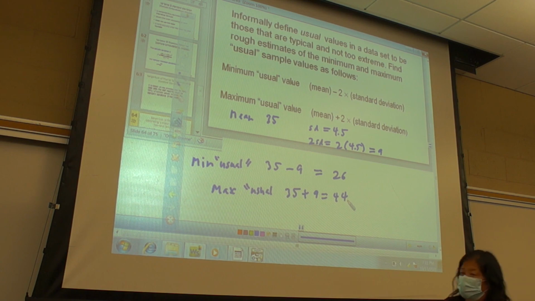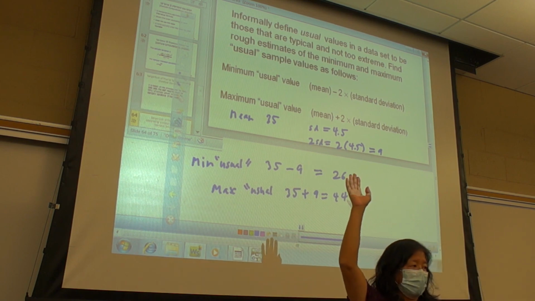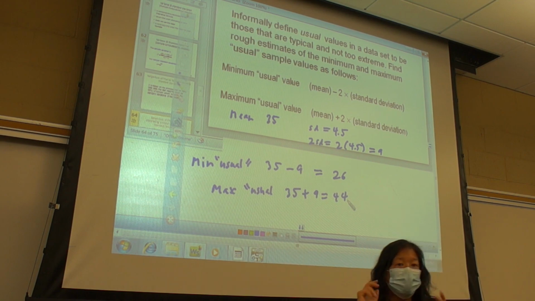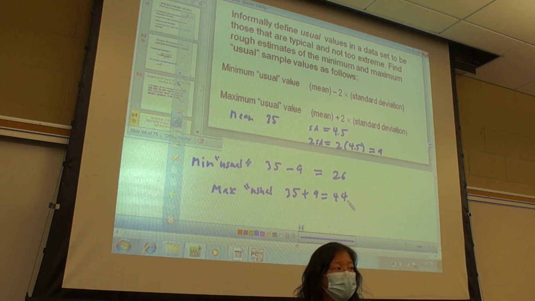So who has a little bit of trouble remembering PEMDAS and order of operations? I really suggest that you think of this as 2 standard deviations. So find 2 standard deviations first, then add and subtract them.